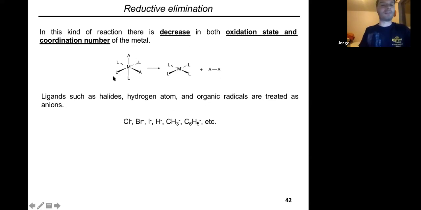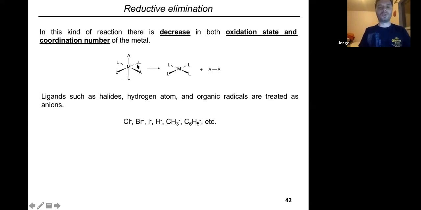So for an example, let's start with this complex. Coordination number equal to 6, metal at the center, 4 L ligands and 2 A ligands.